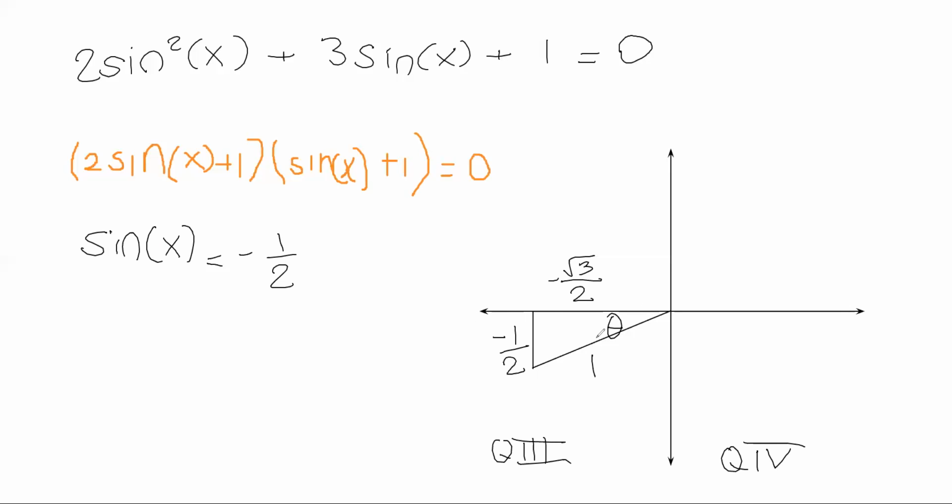So the question is just, what angle is this? We know that halfway around the unit circle is pi, right? So we can call that 6 pi over 6. We're going to use that to help us.